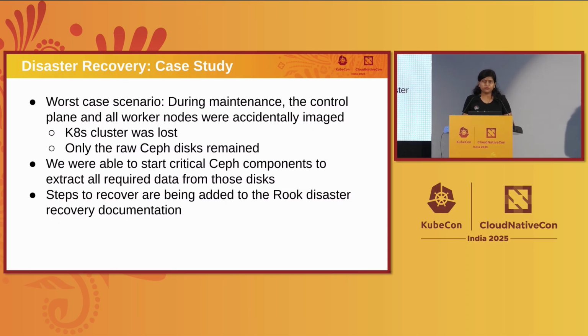Again, those are manual processes, but you can retrieve that data and spin up the critical Ceph components and extract all the required data from those disks. So even if something goes really wrong, we still have a way to work around it. Those steps are being added to the Rook documentation, and if anybody gets into such scenarios, we are up for helping them as well.